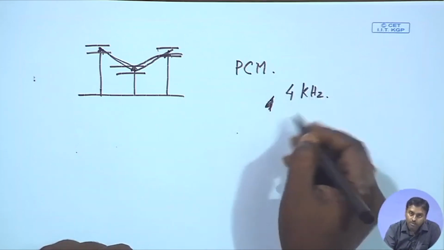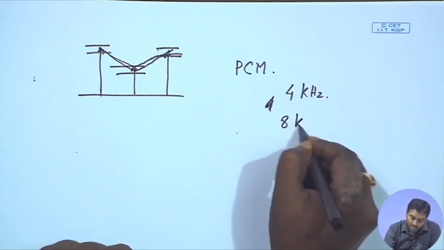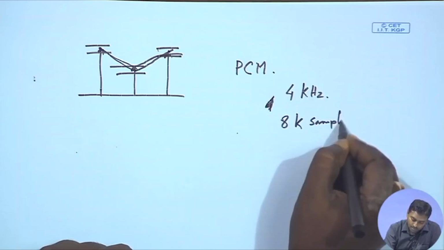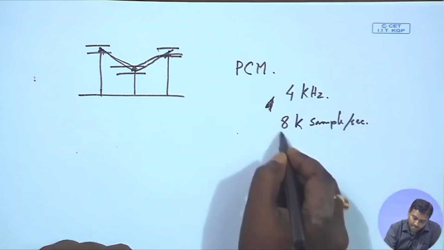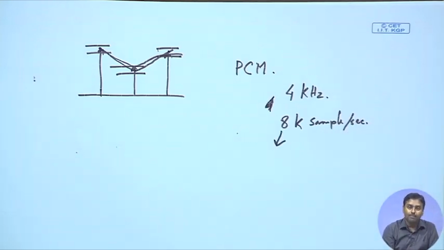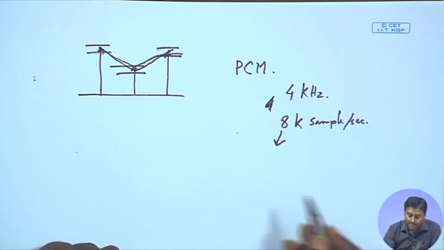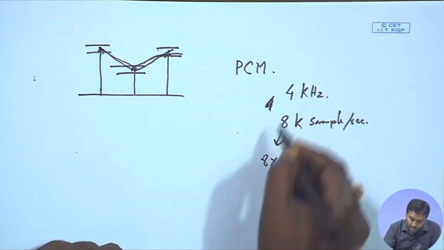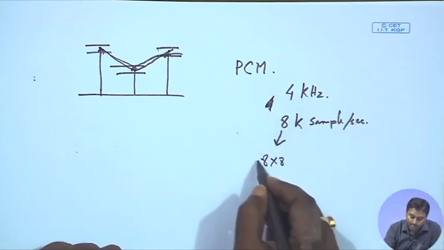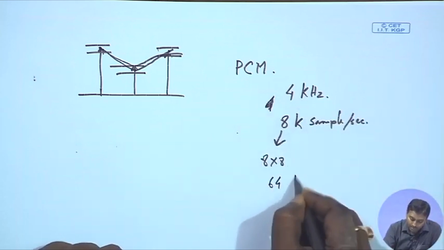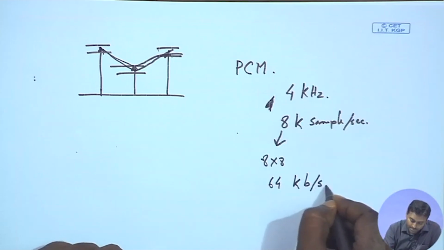So, what will be the corresponding Nyquist rate? That should be 8 kilo samples per second. Each of these samples is represented by 8 bits. So, the overall bit rate will be 8 into 8, which is 64 kilobits per second.